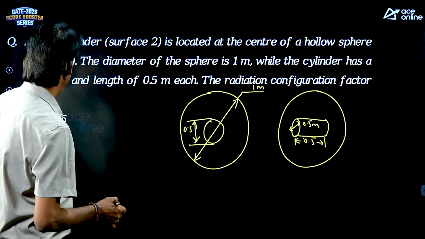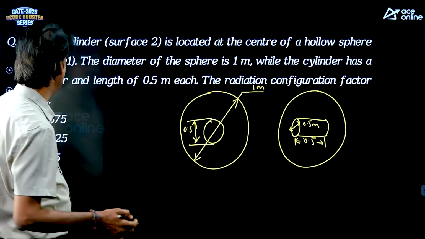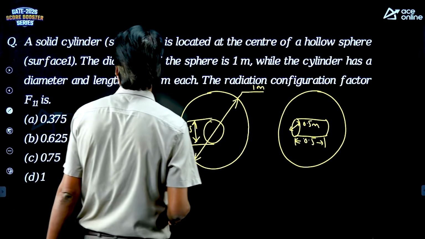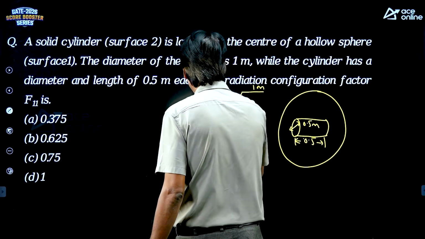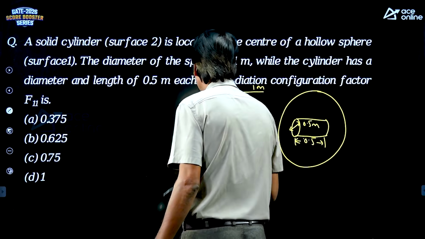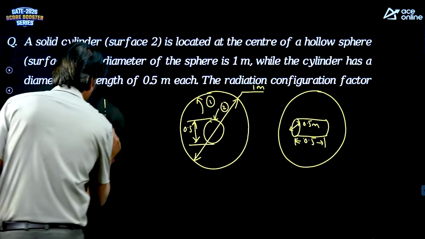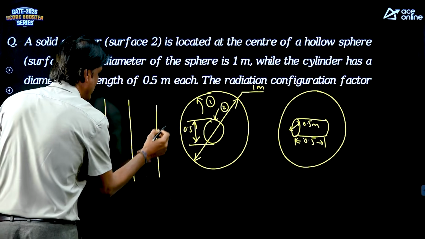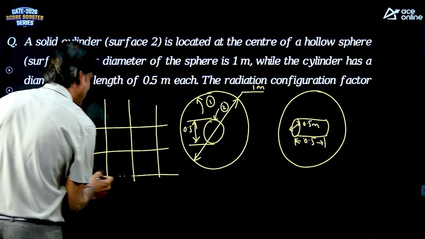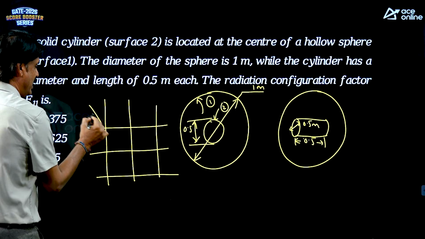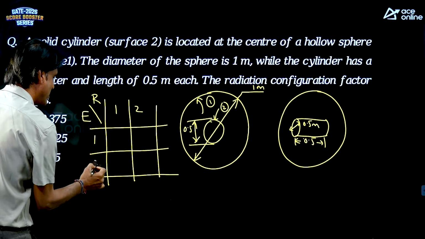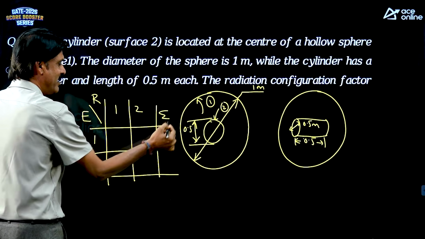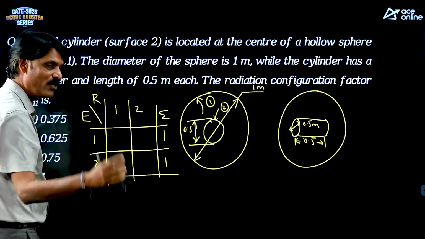The radiation configuration factor F11 is asked, where the solid cylinder surface is 2 and the sphere is 1. If I write the shape factors, with emitters and receivers, as it is an enclosure the sum of all shape factors should be equal to 1.